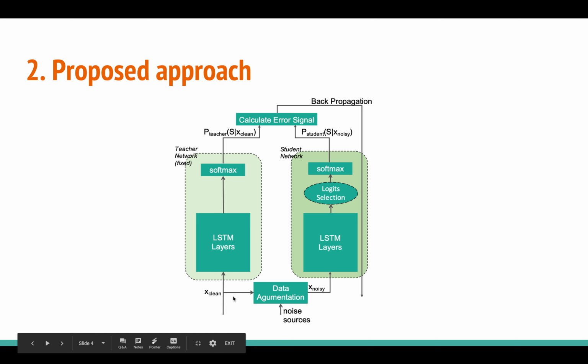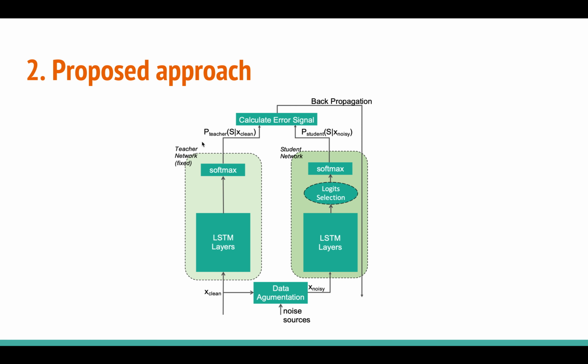Whatever data they have, they corrupt it using noise, which is called data augmentation here, and they take the softmax logits, basically the softmax output, the probability values, and use that as the ground truth, and they try to minimize the KL divergence between the predictions from the teacher and the student.